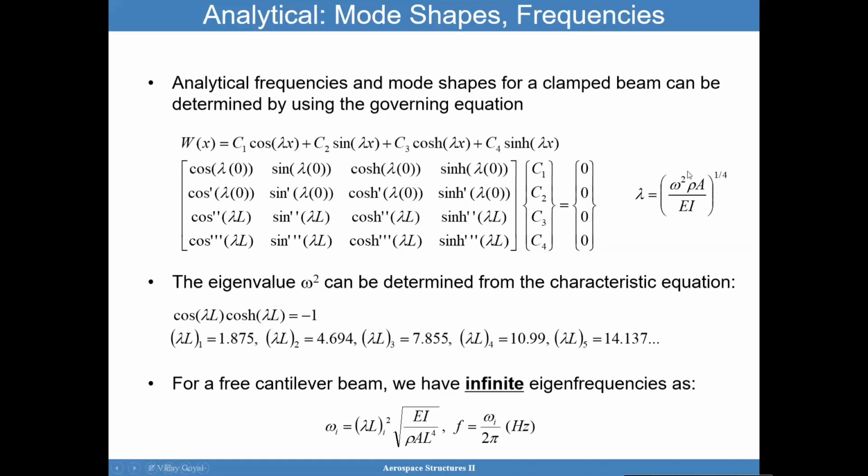So all this is known except for omega. L is the length, so that's also known. So when you solve for lambda L here, the only real unknown is omega i. And so you can see how I can have infinite numbers of omega, and that omega is equal to this. I invite you to pause the video and show that. You should be able to show that omega is this.